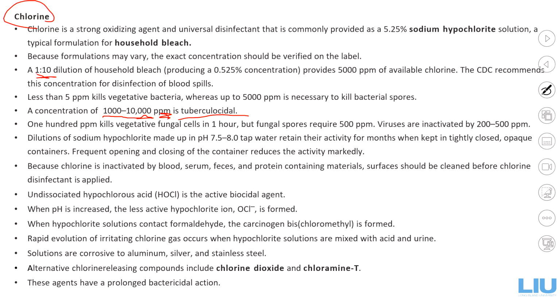So just a general concept: they can be present in different concentrations, and these concentrations could affect different types of viruses and bacteria, okay? Of course, we have sodium hypochlorite, which is household bleach, like Clorox.